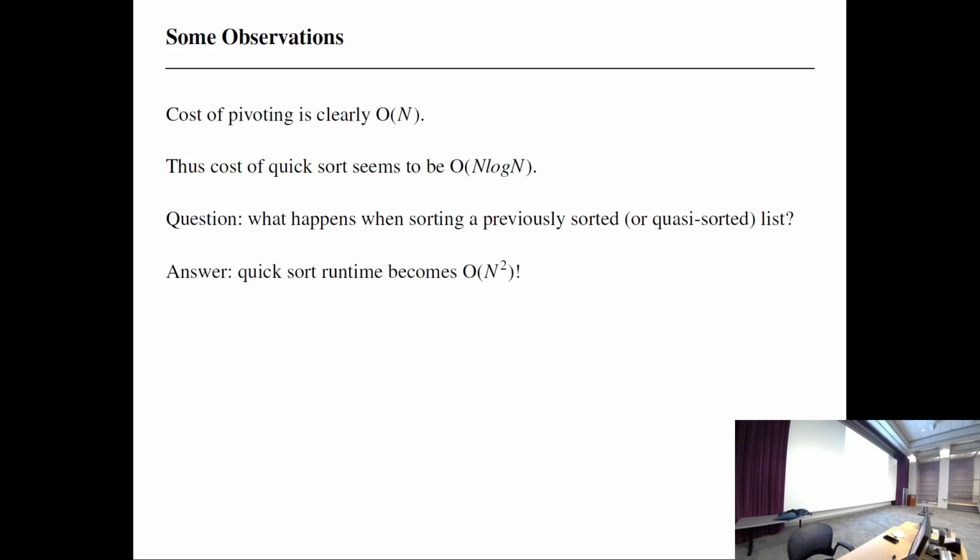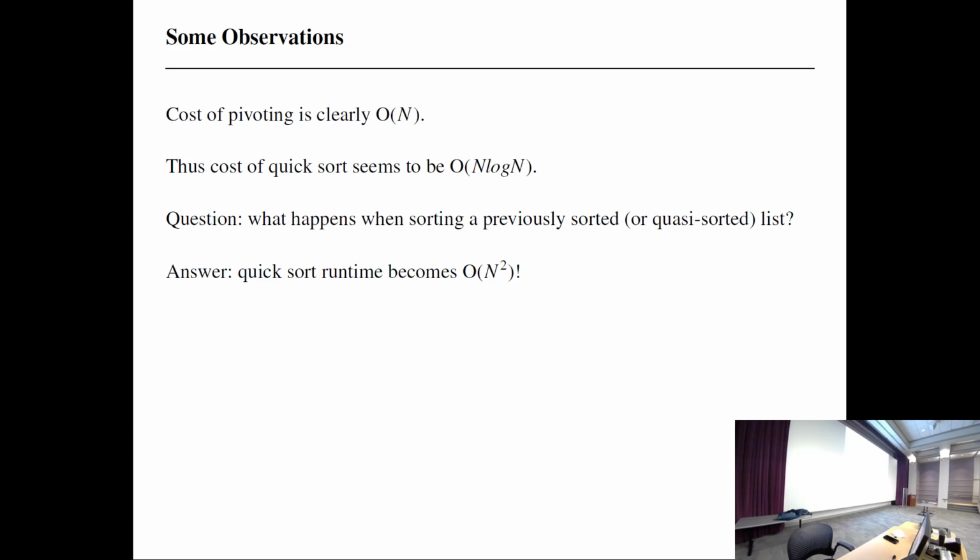And when your pivot element is always the smallest element in the list, instead of getting two nicely even-sized sublists, you get a list of size 0 and a list of size n-1. That means the recursive calls will occur not logarithmically many times, but n-1 times. And n for pivot times n-1 recursive calls is order n squared.